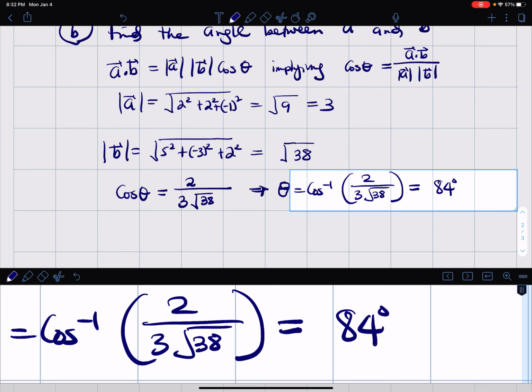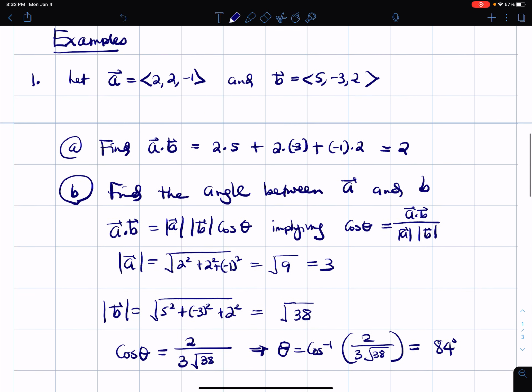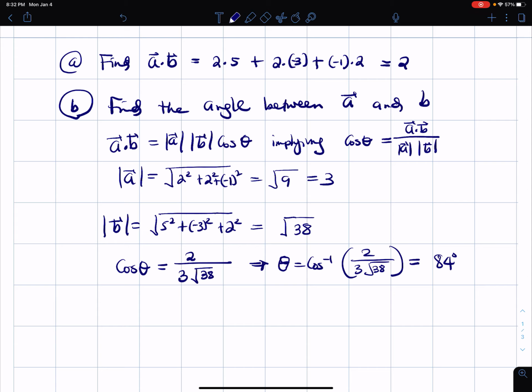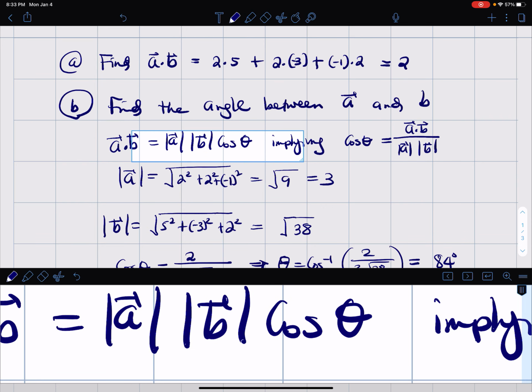All right. So you might be asking, why do we need a dot product? The second part of this example answers that question. The dot product can be defined as a way of measuring the angle between two vectors, basically. If you think of the magnitudes of the two vectors as just a constant, and then you look at cosine of theta, that means constant times cosine of theta.